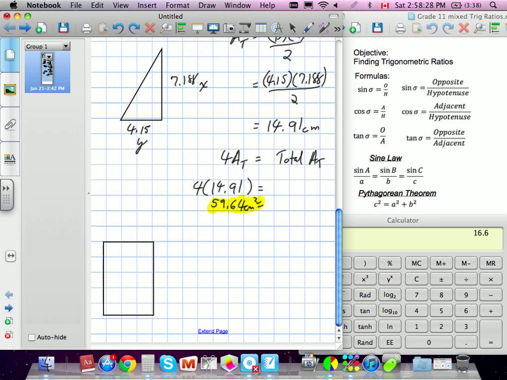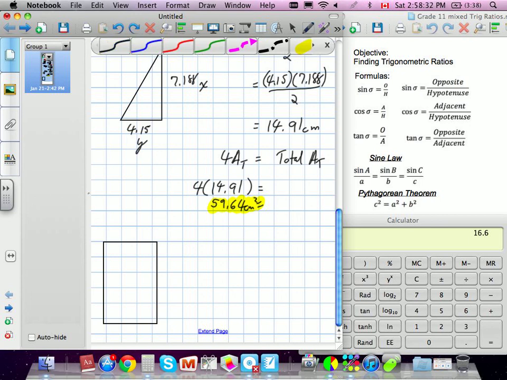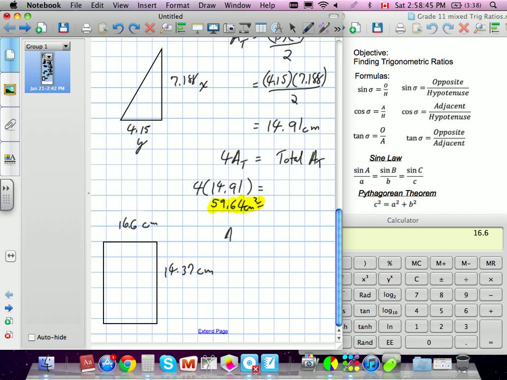Okay, what were the measurements? Do you remember? 14.37 and 16.6, right? It's right there on the calculator. Alright, so area of the square is what? That's 16.6 times 14.37, 238.54. Okay.